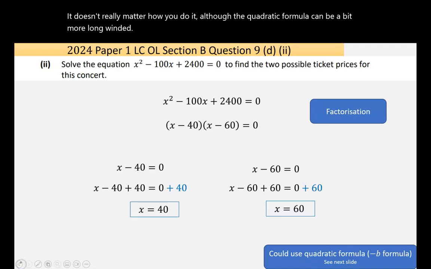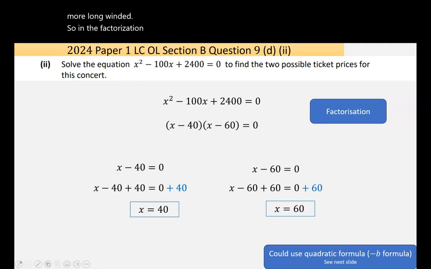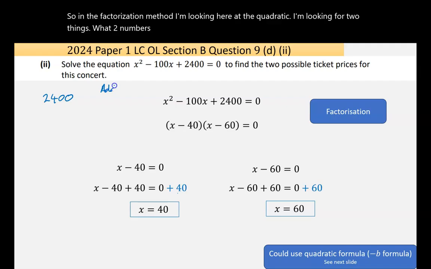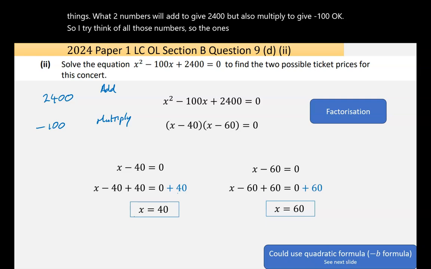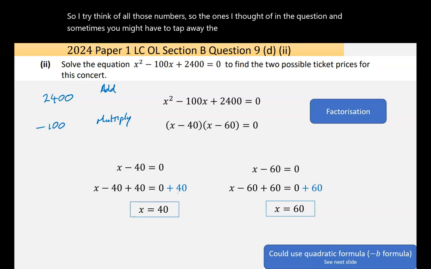So in the factorization method, I'm looking here at the quadratic, and I'm looking for two things. What two numbers will add to give minus 100, but also multiply to give 2400? So I try to think of all those numbers. So the ones I thought of in the question, and sometimes you might have to tap away at the calculator, were 40 and 60.